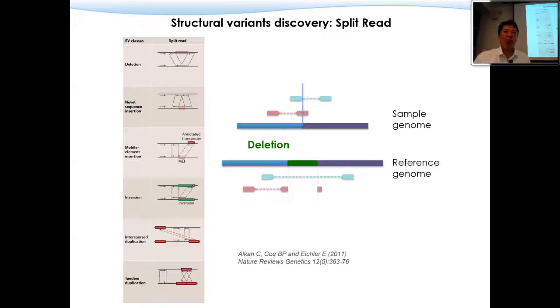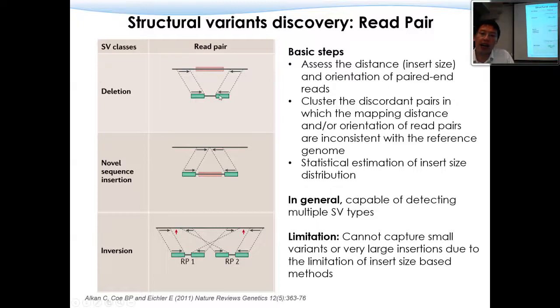You know exactly what the junction is, because one end here is mapped to here, the other end mapped to here. So you know this is exactly the site where the deletion occurred. Well, if you were based on the previous one, the read pairs, you can only estimate that something happened in the middle by looking at the distance and orientations of these two reads.